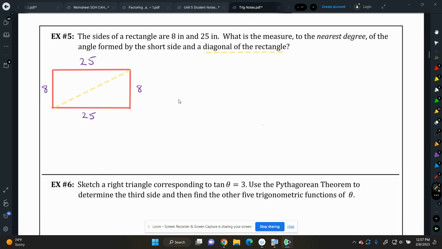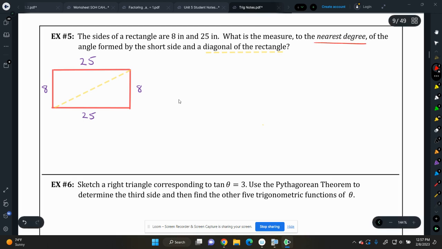And then I'm going to read it again, see if I can figure out what they're actually asking me for. What is the measure to the nearest degree of the angle formed by the short side and the diagonal? So I'm looking for this angle right here. The angle formed by the short side and the diagonal. I'm looking for that. I'm going to call it theta.